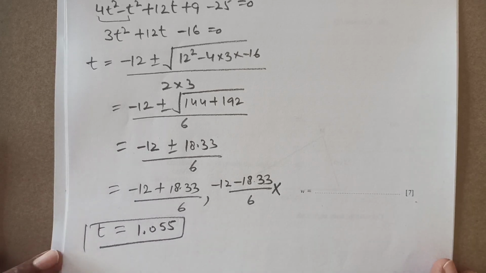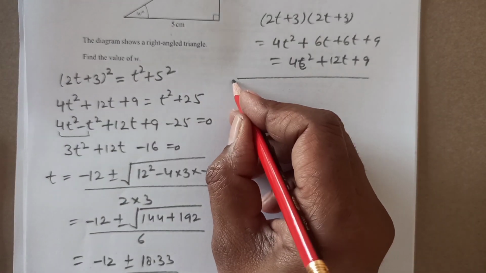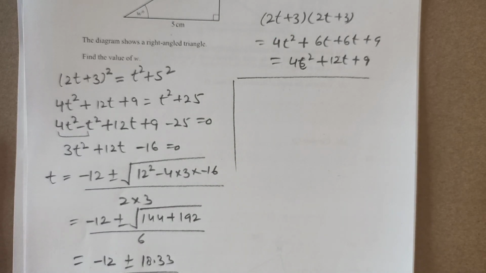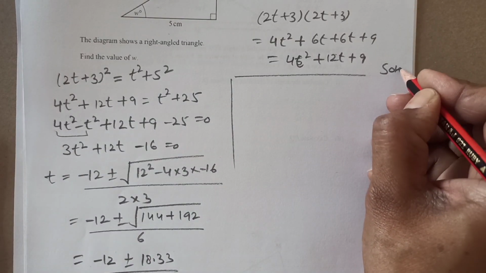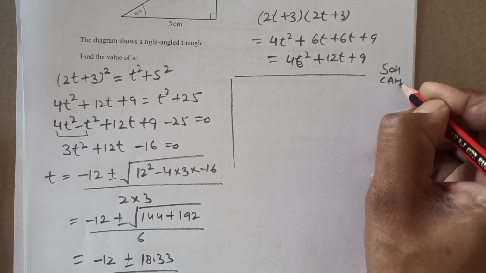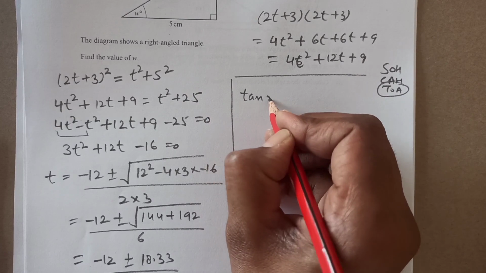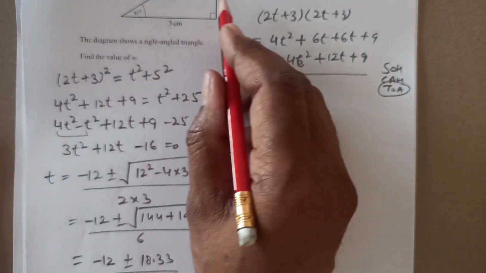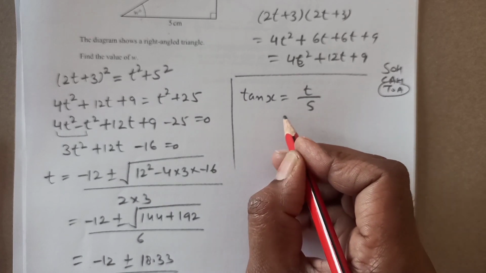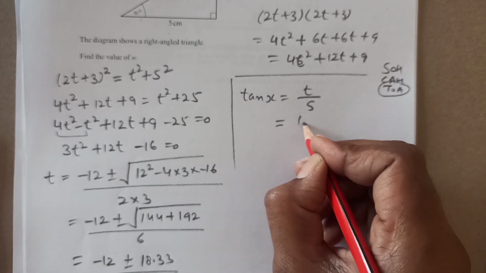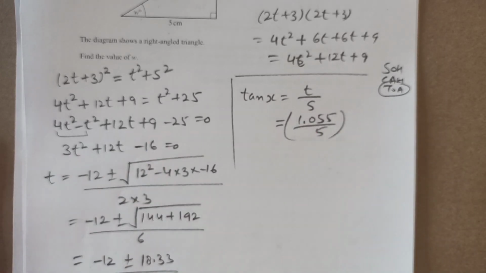So once we get the value of t, we can calculate w, right? Here we can use SOHCAHTOA. So we can use tan of w is opposite, t, over adjacent, 5. t is 1.055 divided by 5.